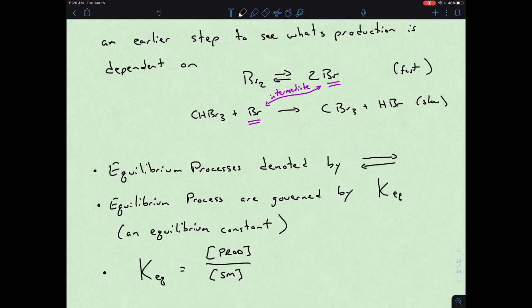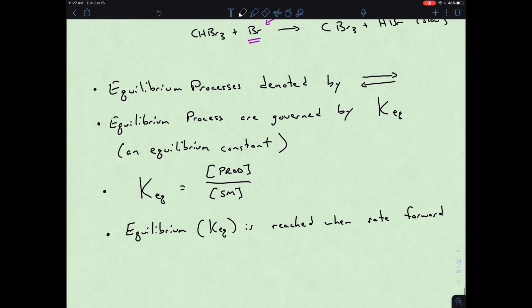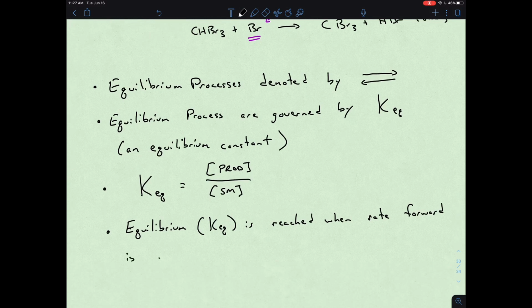This has to do with another definition within the equilibrium, which is that equilibrium is reached basically when the rate forward is equal to the rate backwards.